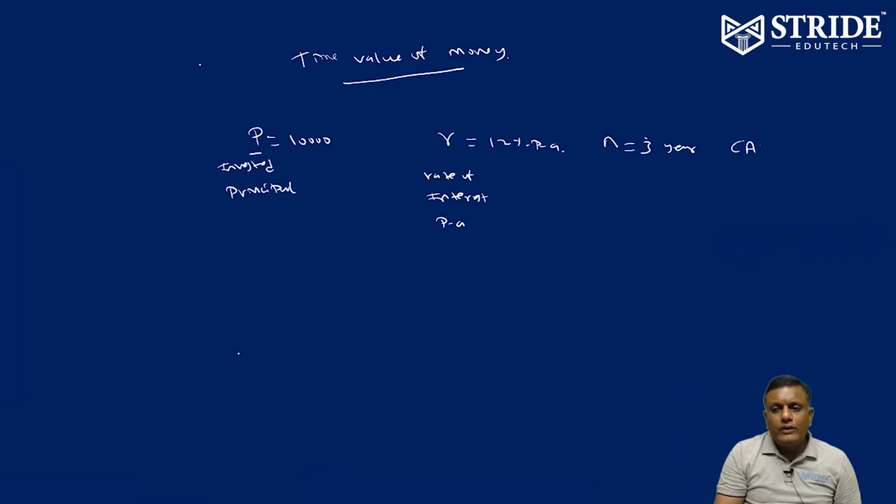What is the compound amount after 3 years? We can call it future value, FV. Either compound amount or future value is equivalent to principal into 1 plus R by 100 whole power n. What is the amount initially deposited? 10,000. What is the rate of interest? 12% per annum.